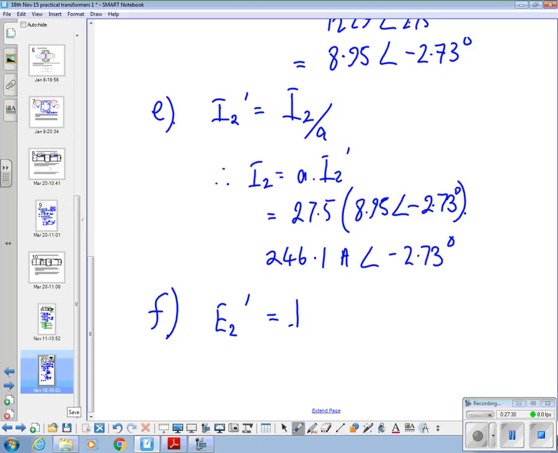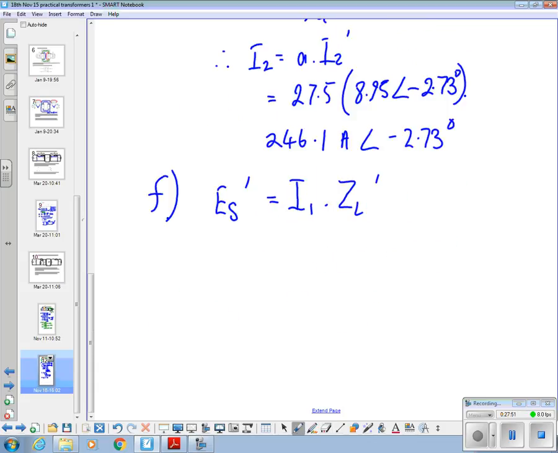E2 dash must be I1 times ZL dash. Sorry, that's ES dash. Well done, Tom. Got to be particular.